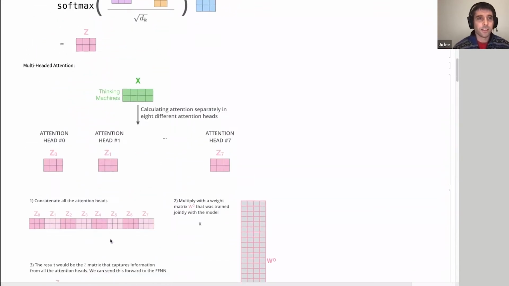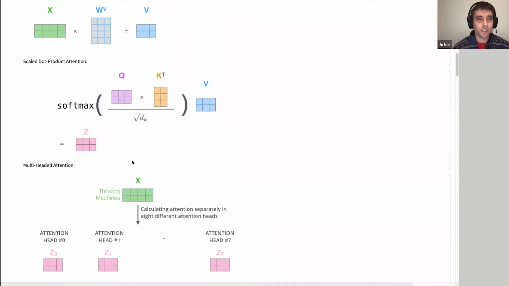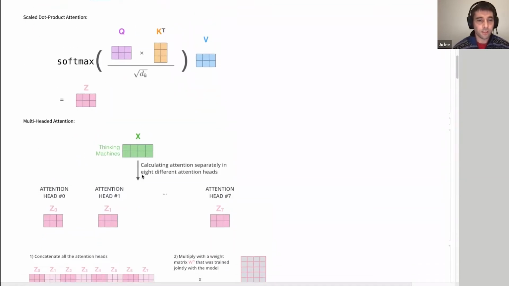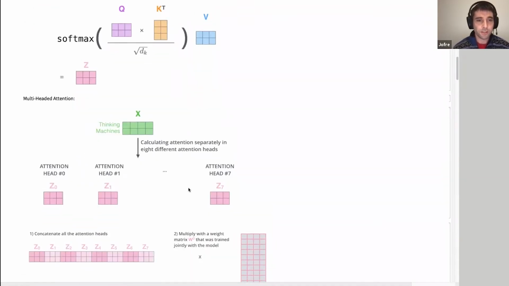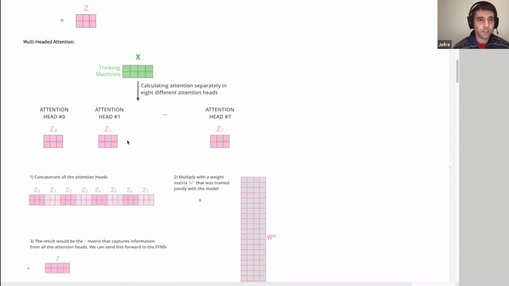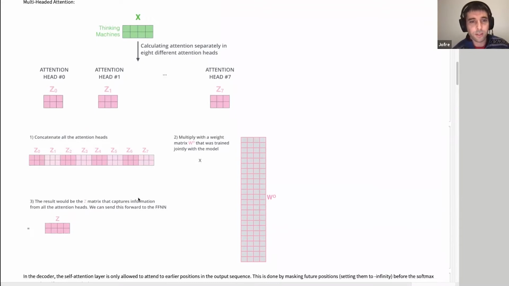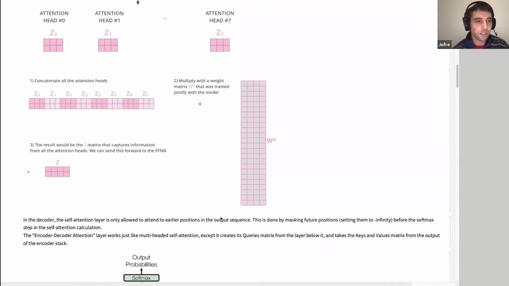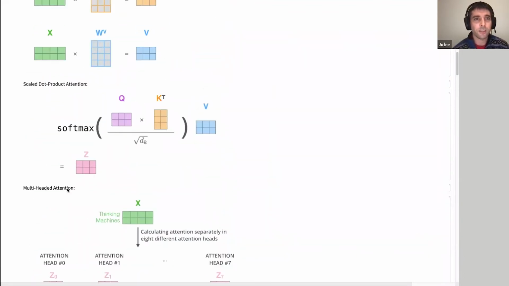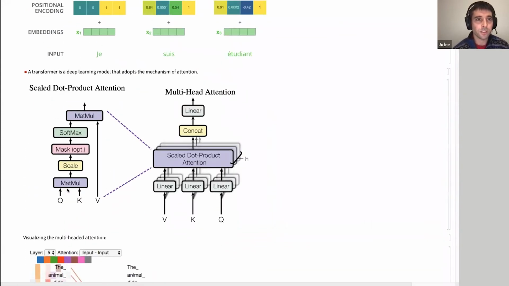The same process is done in parallel with each of the different heads, and the resulting matrices are concatenated and then multiplied by a weight matrix, which results in a matrix with the initial dimensions that can then propagate into the next layer of the neural network.